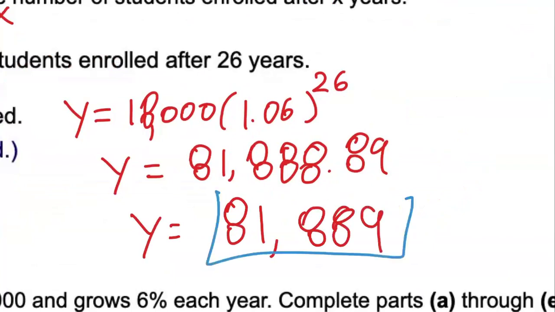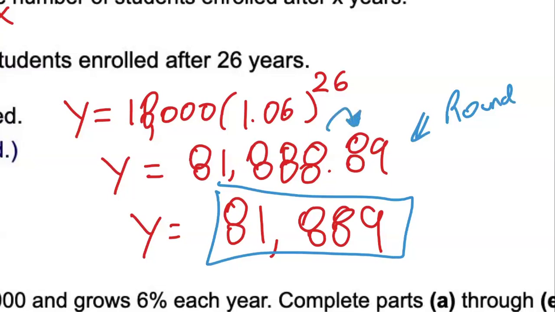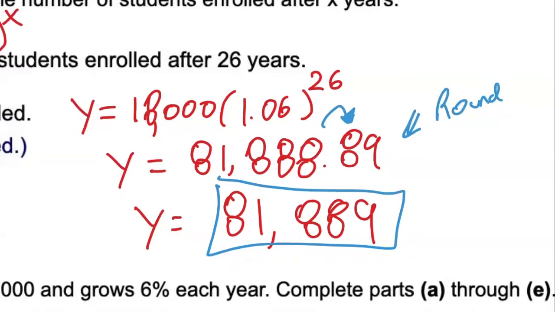This is the correct answer. If you do not round it, it's going to tell you it's wrong. You have to round. So when you start with 18,000, with a growth factor of 1.06, after 26 years, you should expect there to be roughly 81,889 students at that college.